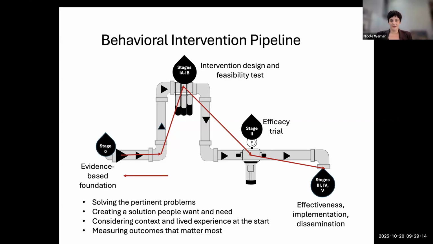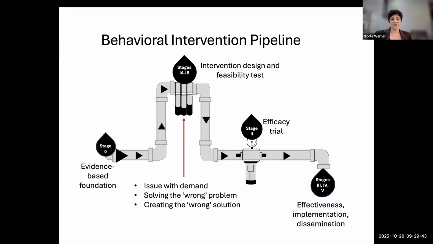In the case of co-design, you bring end users, as I call them for lack of a better term, or co-designers, or people that will be affected by this tool or process, into this evidence-based foundation, so that you're solving the right problems. You're creating a solution that people want and need. You're considering the context and lived experience from the start, and even thinking about what outcomes actually matter here.